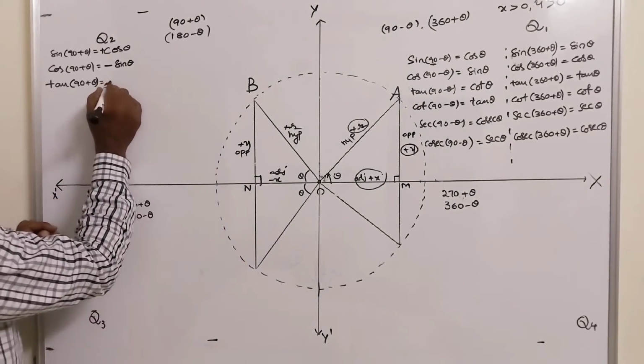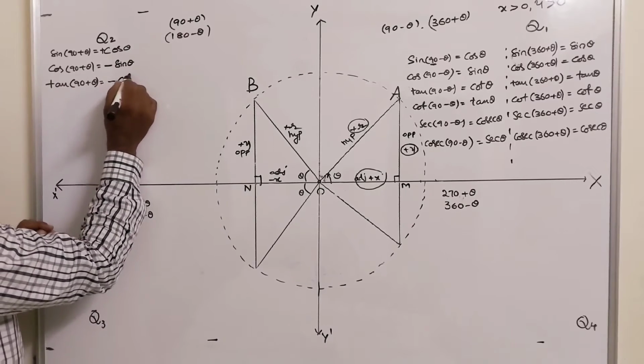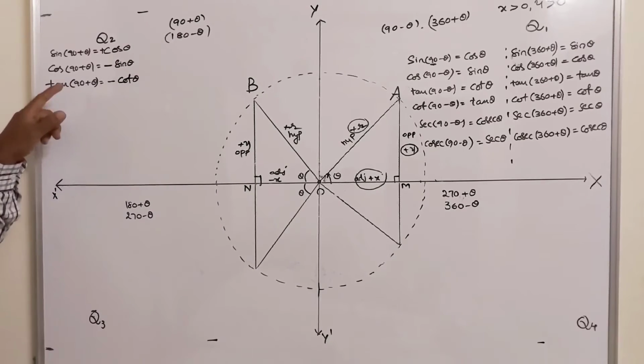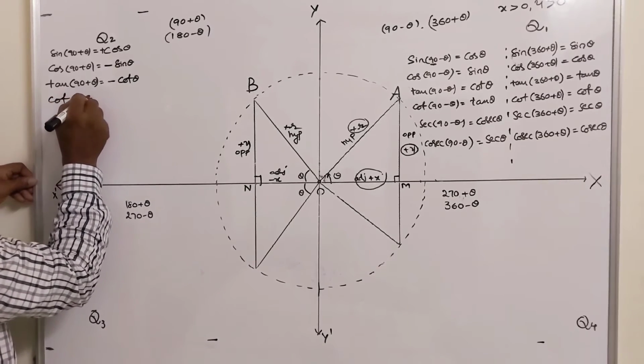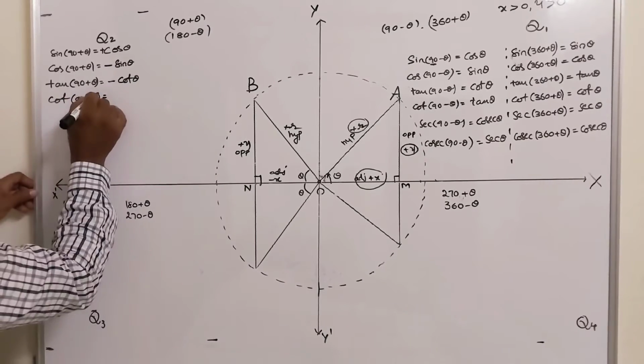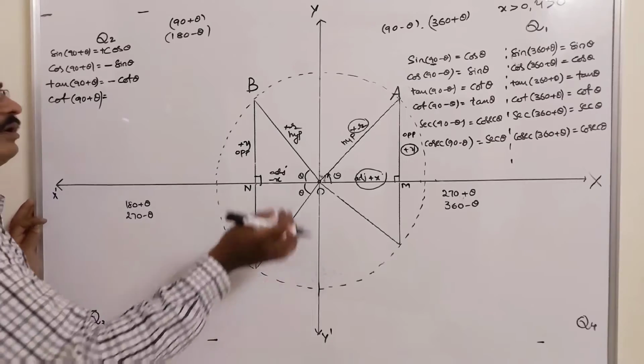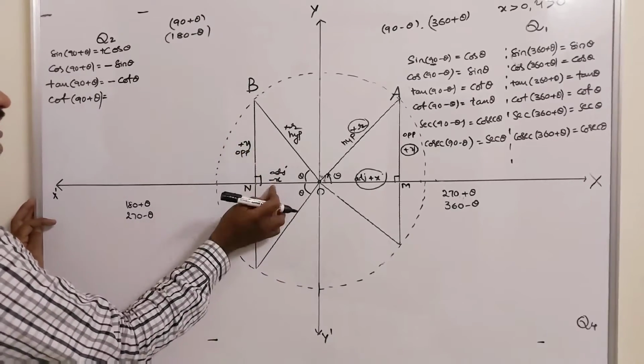That is minus cot theta, because here the number of right angles is only one. Next, cot of 90 plus theta is equal to adjacent side by opposite side, minus by plus.